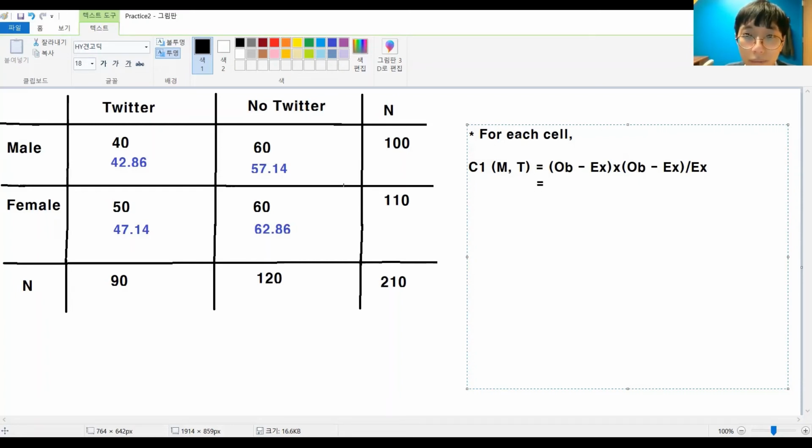Then just put the numbers here: 40 minus expected count 42 is 2.86, squared, then divided by the expected frequency.